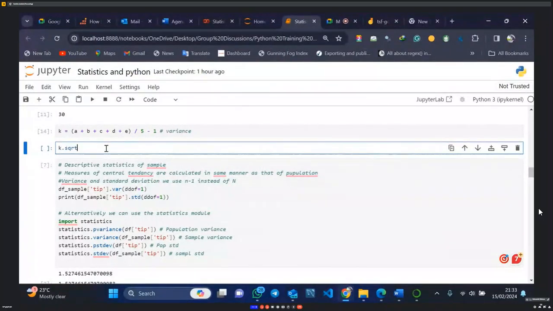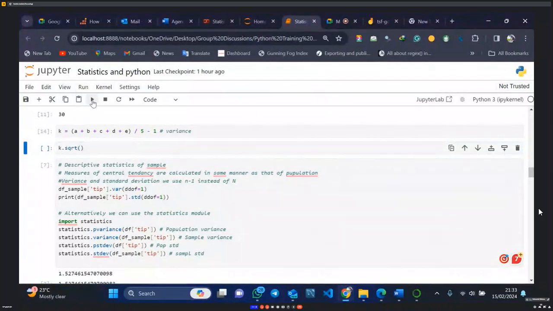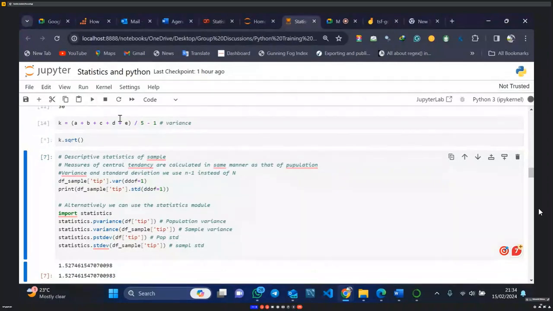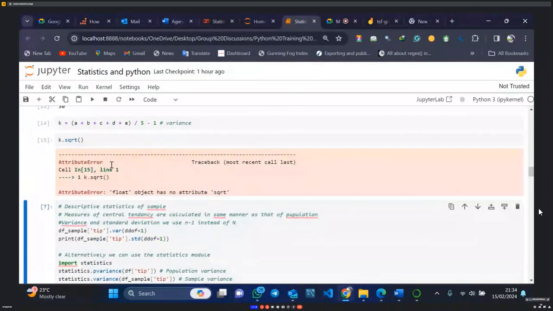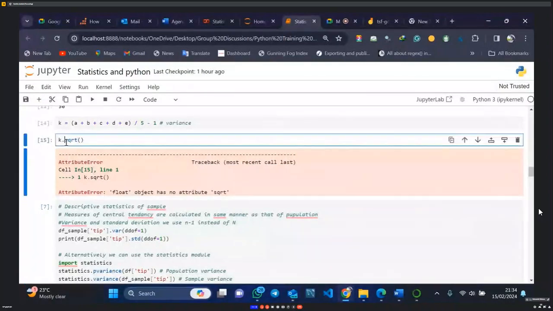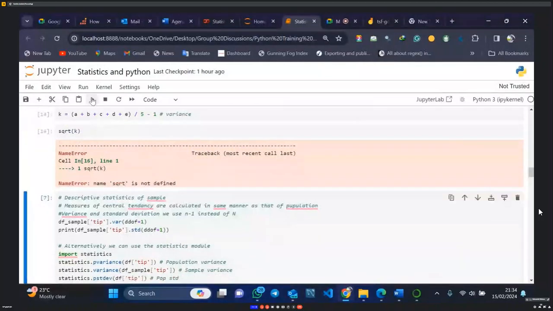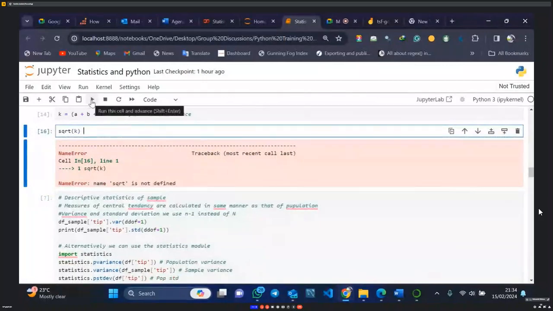K.sqrt. Error: it's a float. Why does it say float? It should be sqrt with k inside the bracket. Okay, thank you. Still not working.